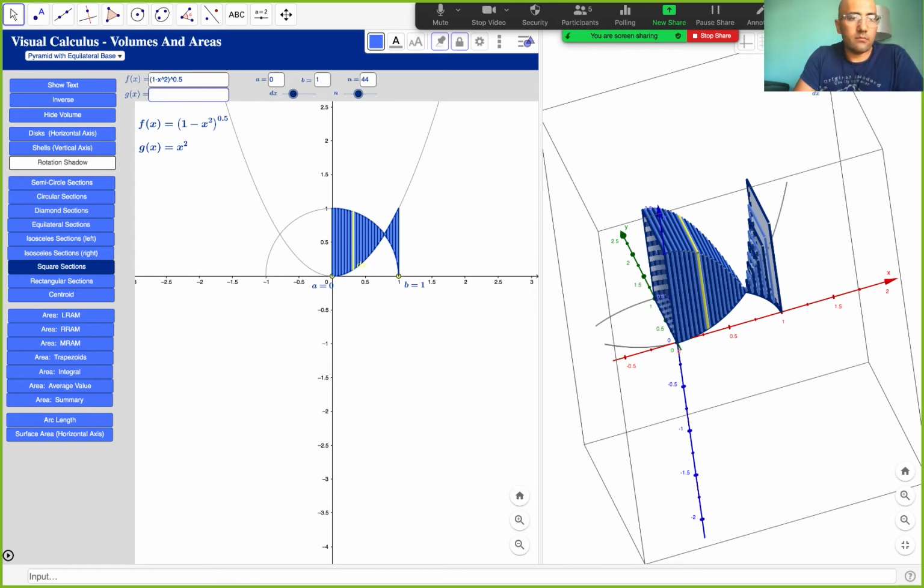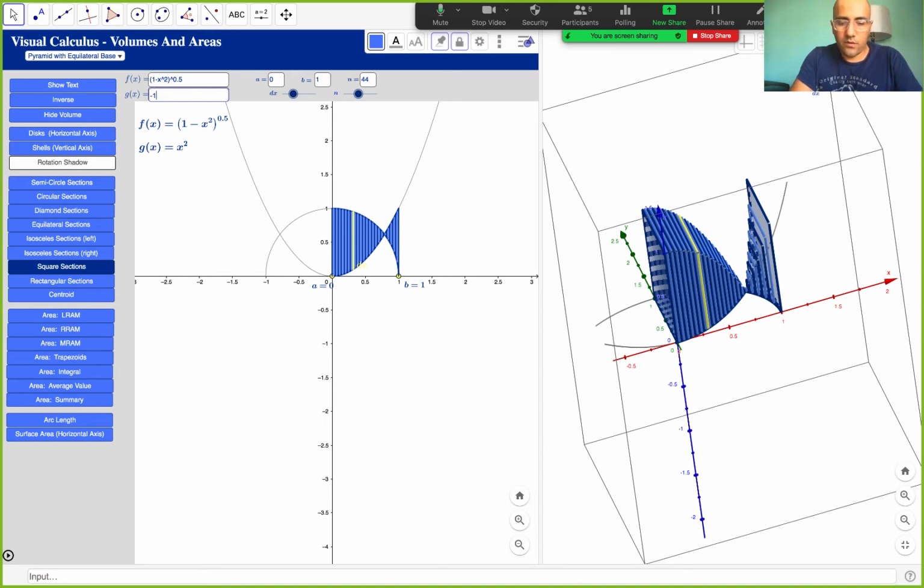Parentheses 1 minus x to the second power, close parentheses, to the power of 0.5, and then we want, oh, it does not like that.